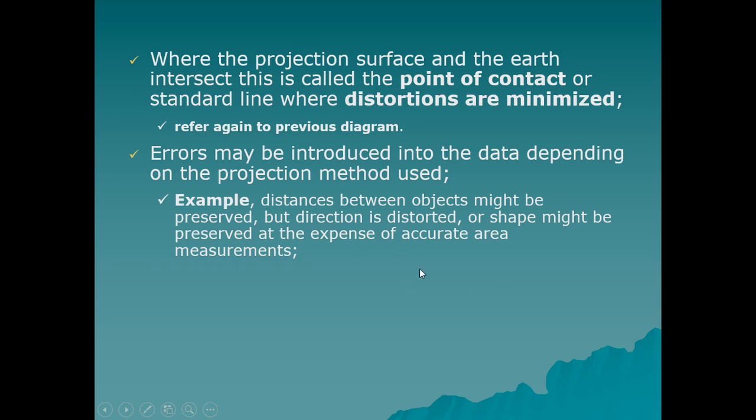So you can have distances preserved at the expense of shape or areas of the features, etc. So the point that you have to remember is that quite often there is no one projection system that gets the transference of those features onto the flat surface perfectly 100% correct.